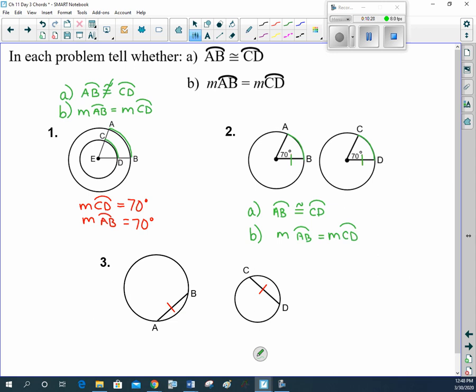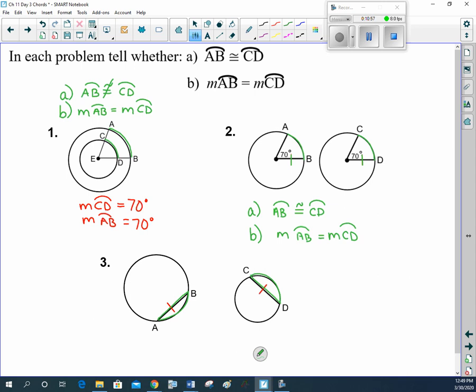Okay, down here on the bottom, we want to know if arc AB is congruent to arc CD. So remember on our last slide, the last theorem said that if this chord was congruent to this chord, then arc AB and arc CD would be congruent if they're in the same circle or congruent circles.